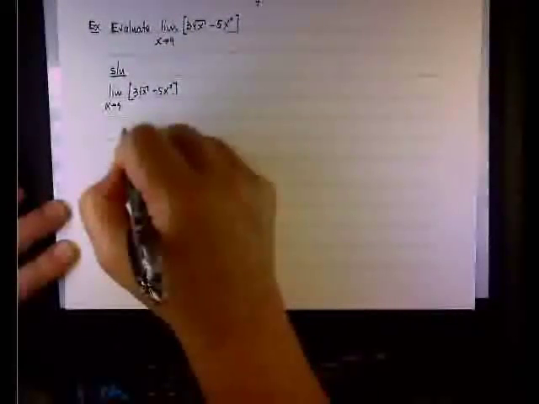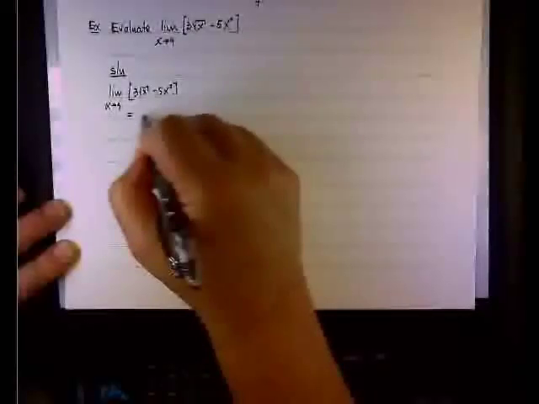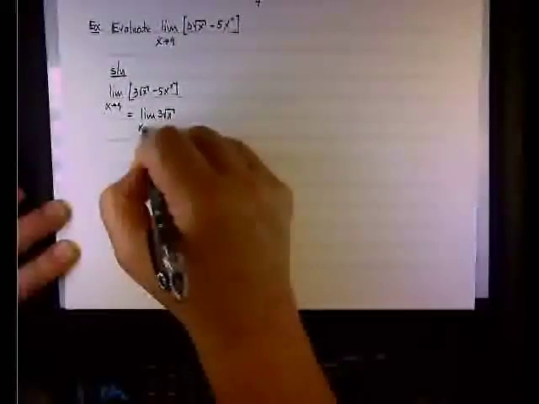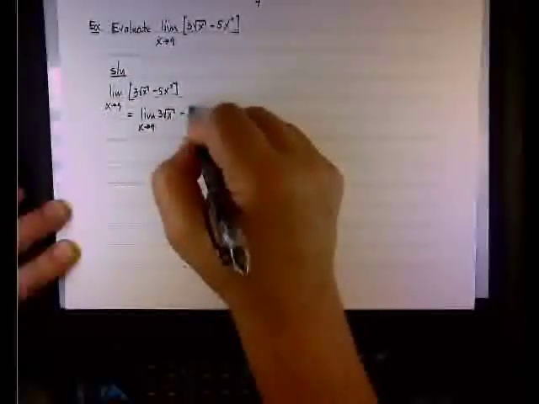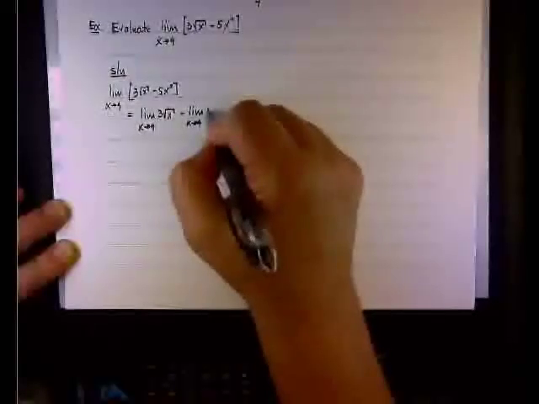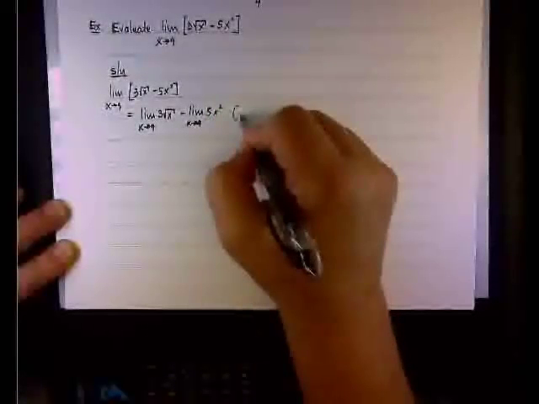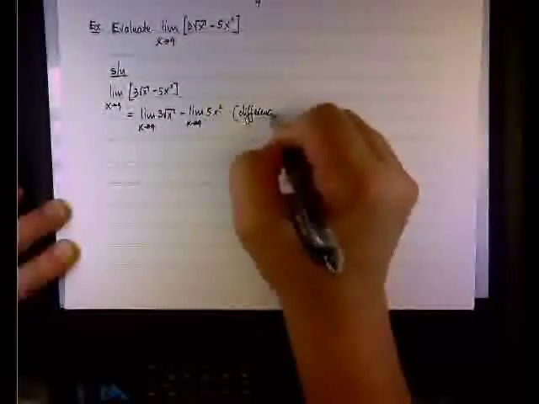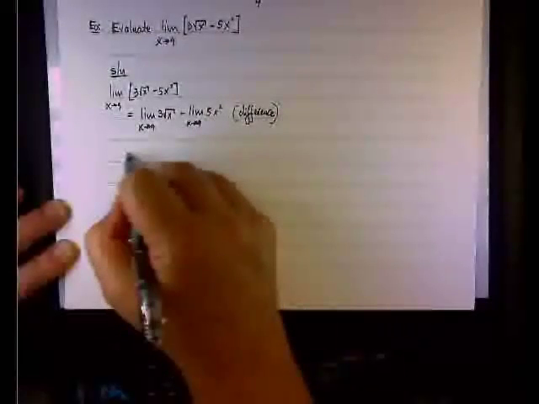So the first line will be the limit of 3 square root of x as x approaches 9 minus the limit when x approaches 9 of 5 times x squared. So difference. Okay? Next.